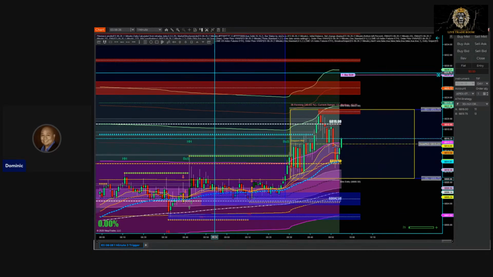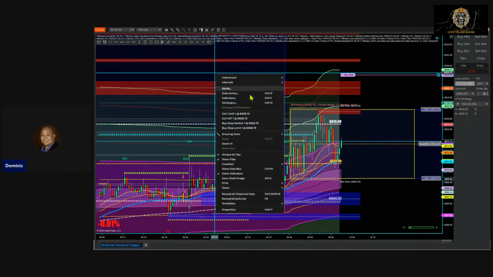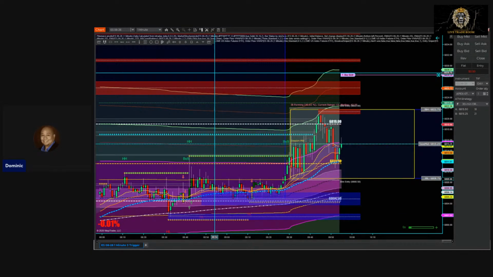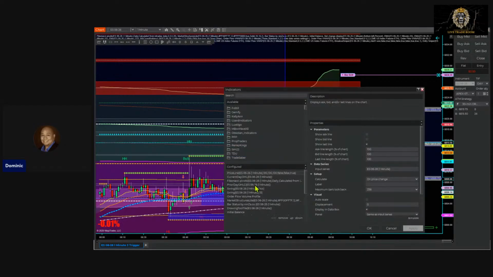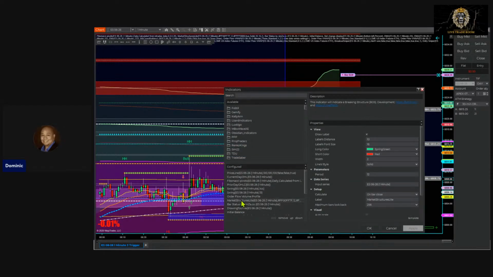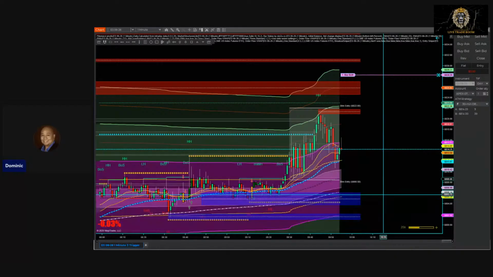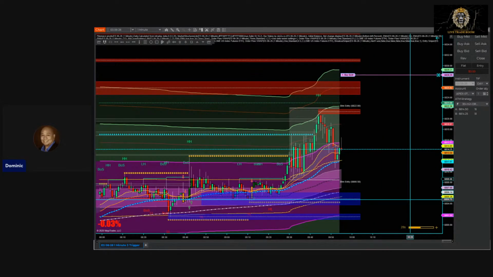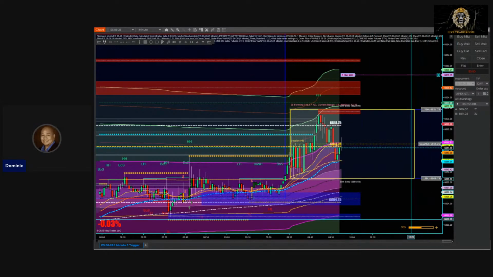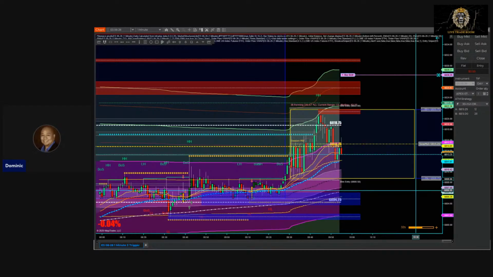What setting do I have with this? Just want to make sure. The structure, this one, 12. Let's make this maybe 6. Okay. Yeah, this is better. Broke that. Okay. Yep.